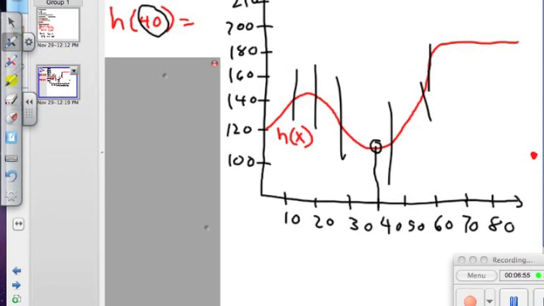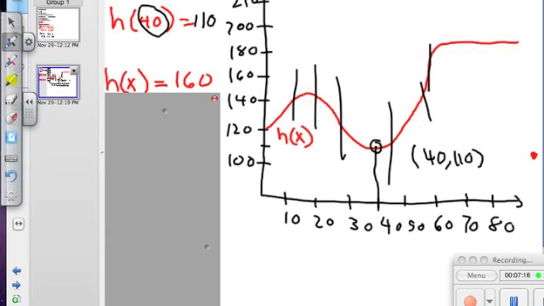And you can see that it is about 110 right there. Okay, so we could say that point is (40, 110). And so we would say, well, h of 40 is 110. Okay, let's move on down.